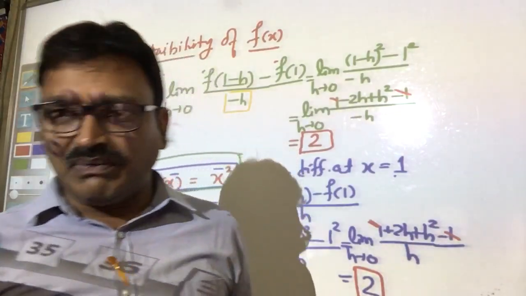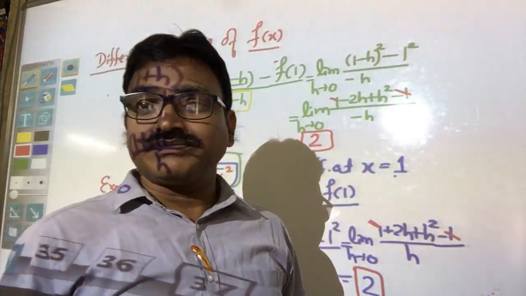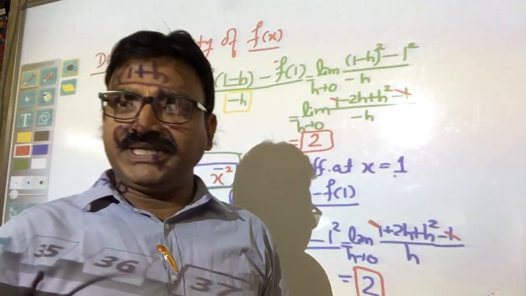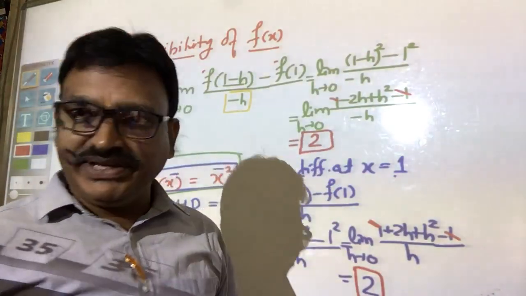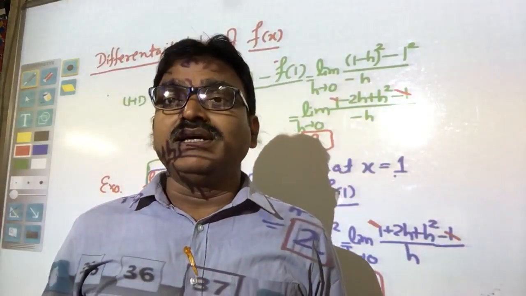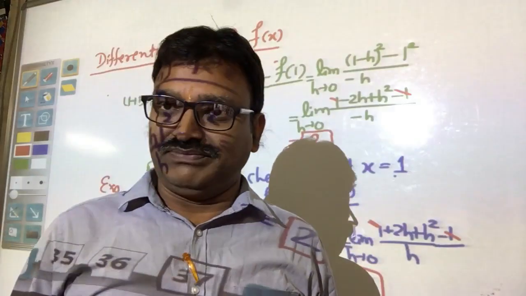So in this way we will calculate the differentiability of a function at any point. And now if we want to find the general differentiation, then that point is x. So now we will write the definition of differentiation. How we will find the differentiation is called the first principle of differentiation.